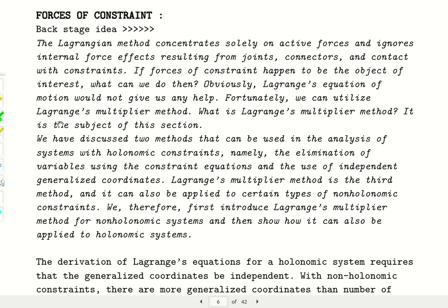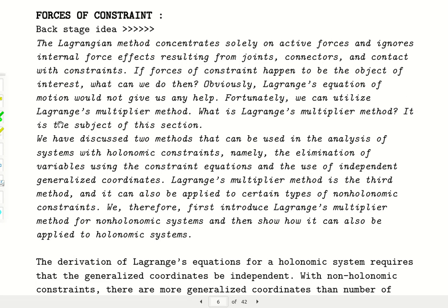And if the constraints are holonomic in nature, then we can eliminate some generalized coordinates as well. So the first step should be to minimize your generalized coordinates depending upon the equation of constraint, then move on to the Lagrangian equation of motion and solve it to get the position and velocity that you want.